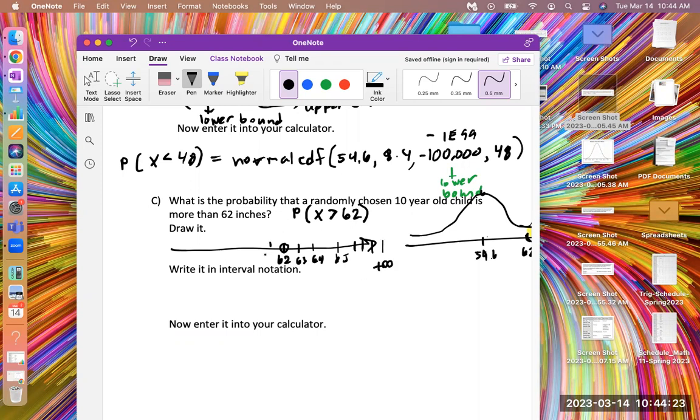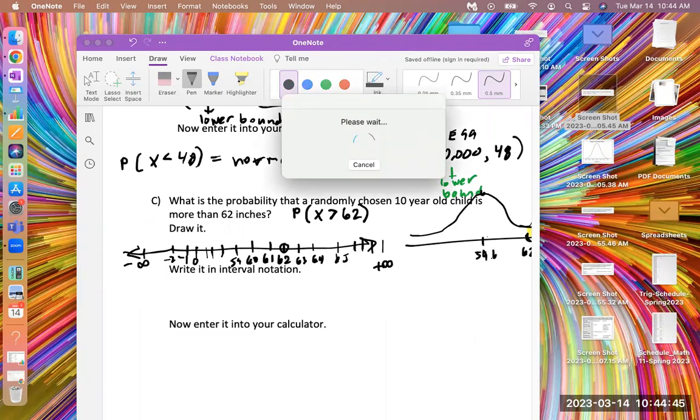Then the numbers on the other side are 61, 60, 59, and it's going to go on and on. It's going to hit 0 eventually, and then it's going to start getting negative numbers, all the way to negative infinity. So where are the numbers bigger than 62?